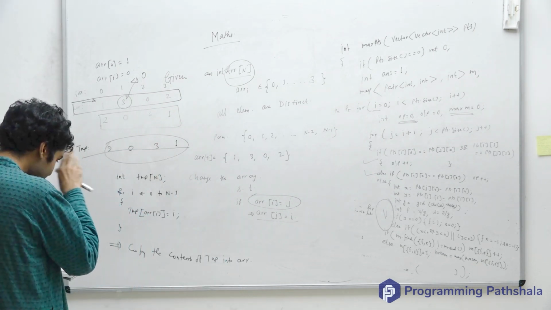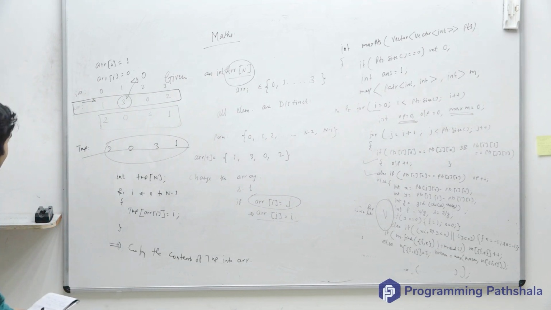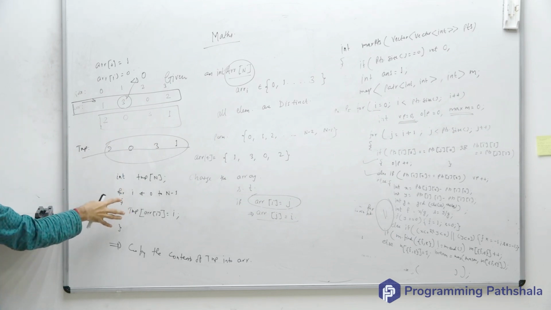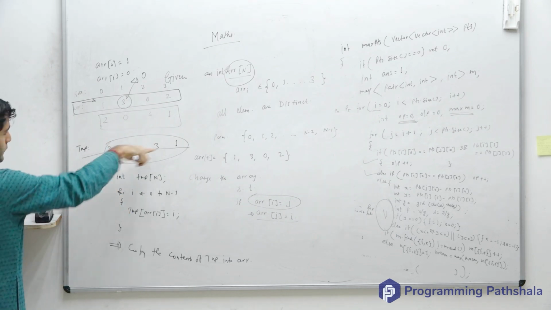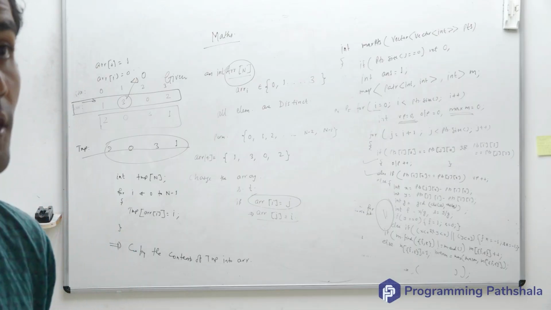Now let's try to understand one more thing. Can it ever happen that in the temporary array that I am building in the current approach, values are also getting overridden? That is not possible. Why?